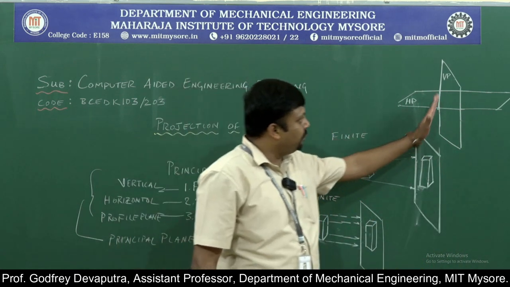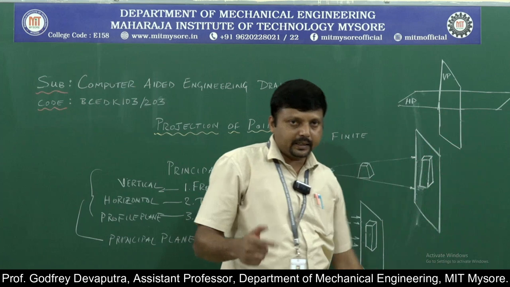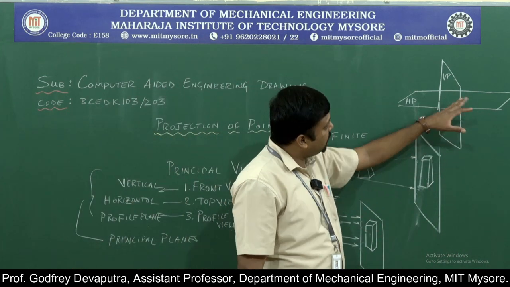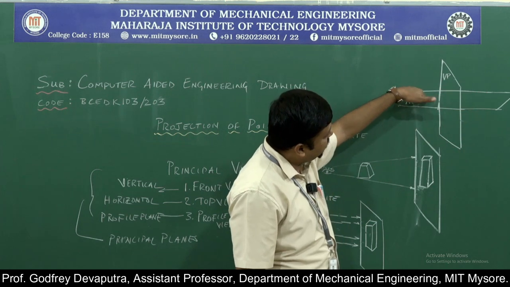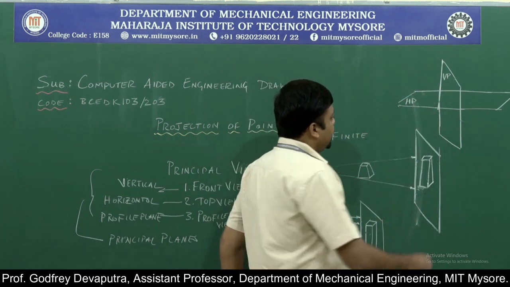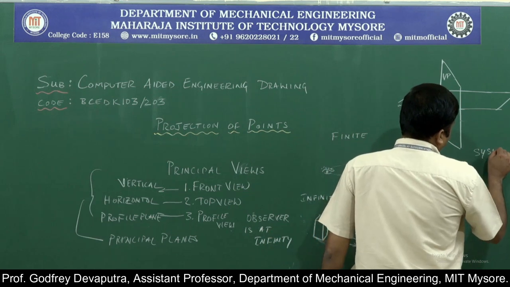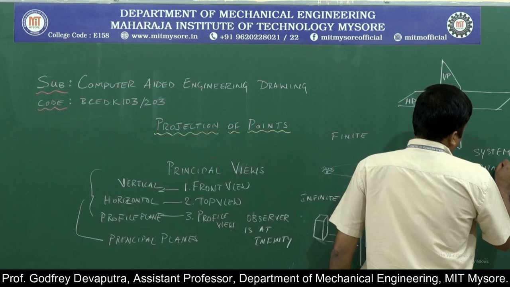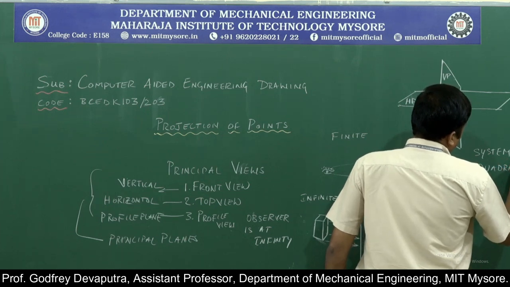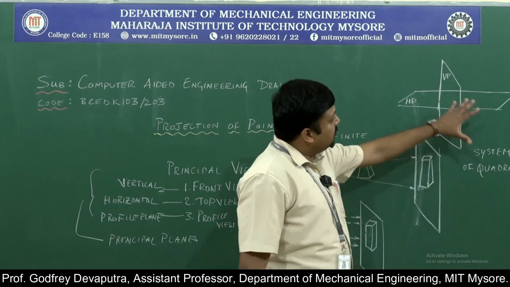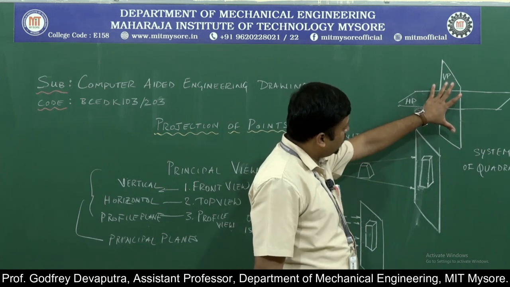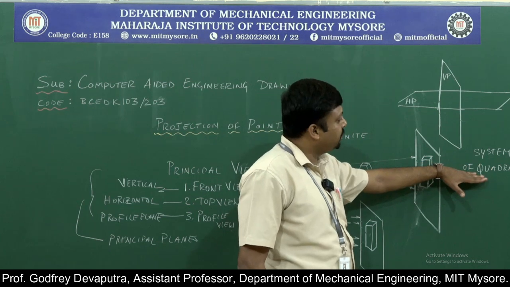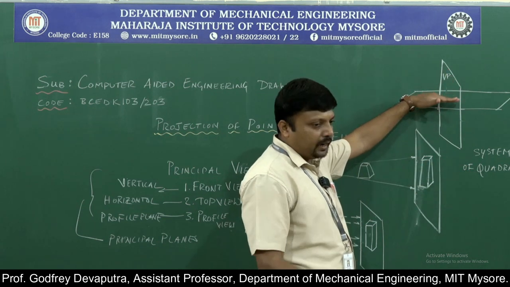The intersection of vertical plane and horizontal plane, which are basically infinite in their own dimension, basically gives you the system of quadrants. This drawing basically represents the system of quadrants. This is created by the intersection of vertical plane and horizontal plane.